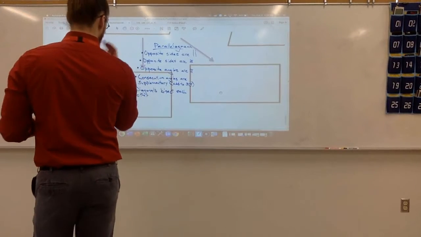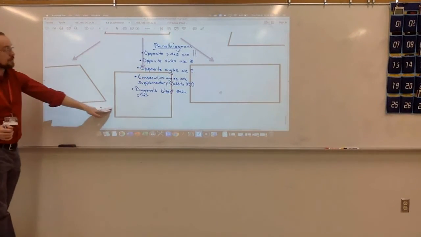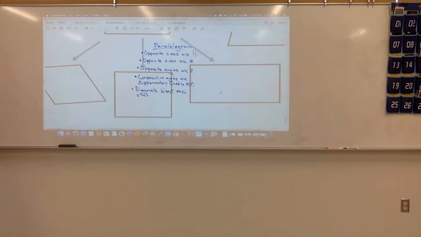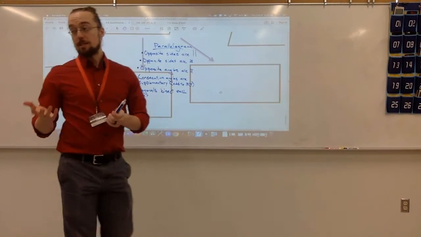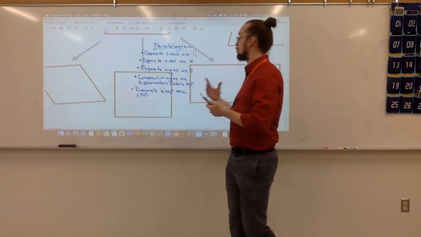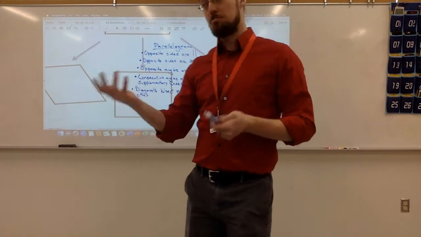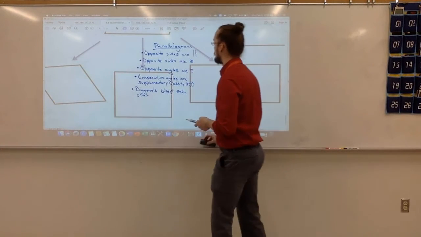So over the next two sections, we're going to look at rectangles, squares, and a rhombus, or the plural of that is rhombi. So in this section, we're just looking at rectangles. So in a rectangle, we just mentioned our two additional properties.